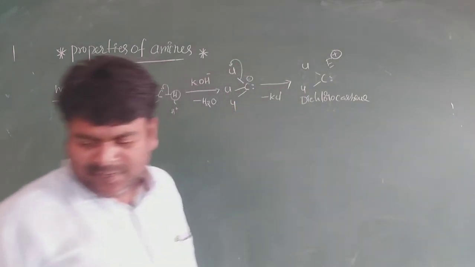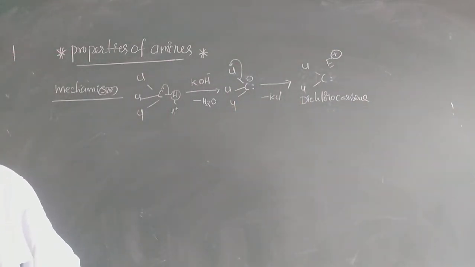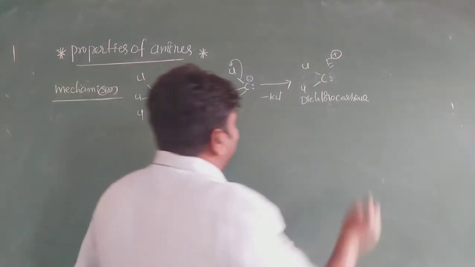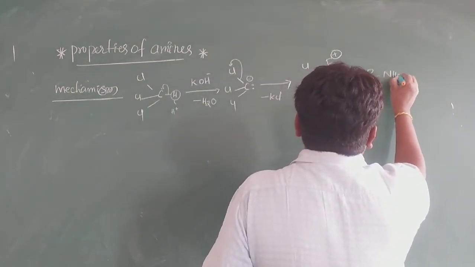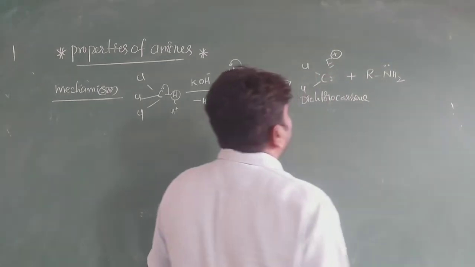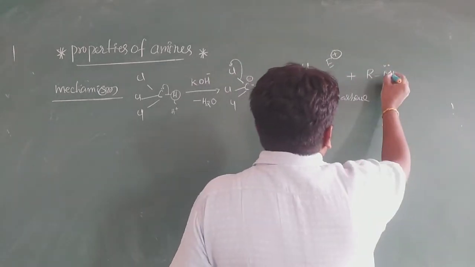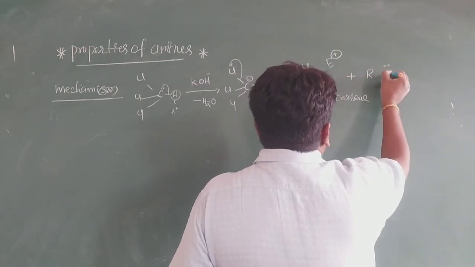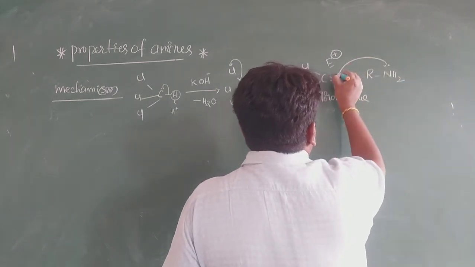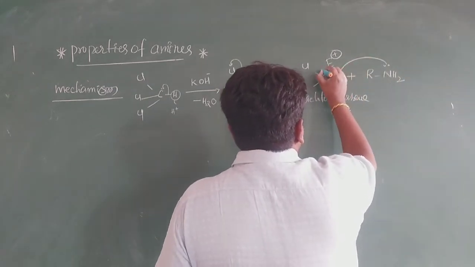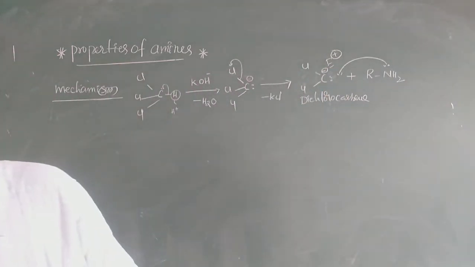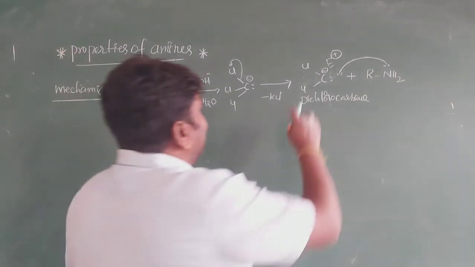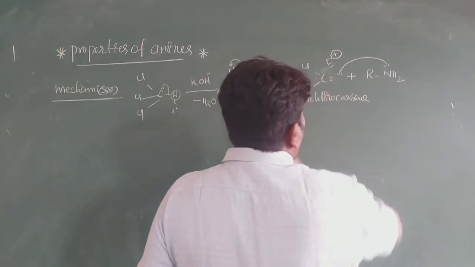Next, it reacts with an amine. See, my dear students, it is RNH2, which has a lone pair. This lone pair is involved in bond formation; it can donate the lone pair to form a bond here only. There is no need for a minus charge on the lone pairs.